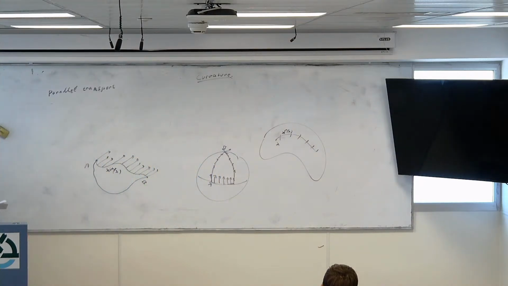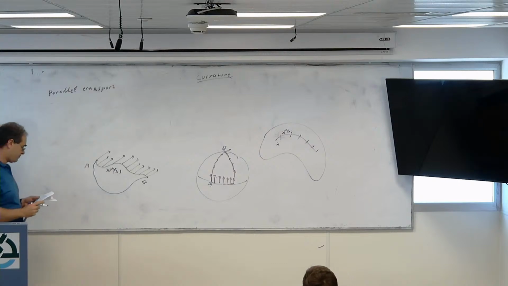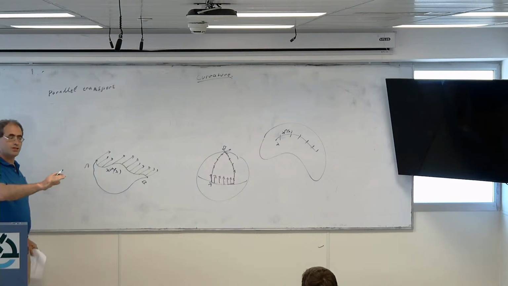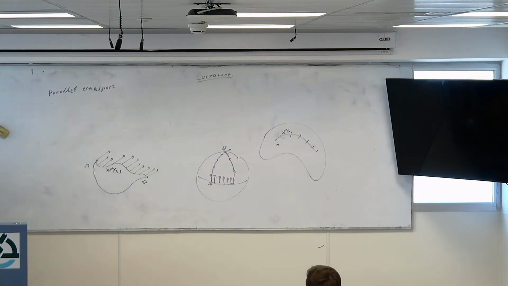Now what? If it was a flat space, it's not changing. What does it mean it's not changing? The components will be the same, which is, the derivative is just zero, regular.